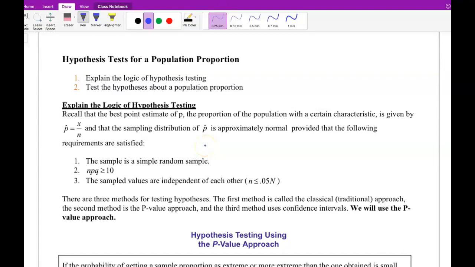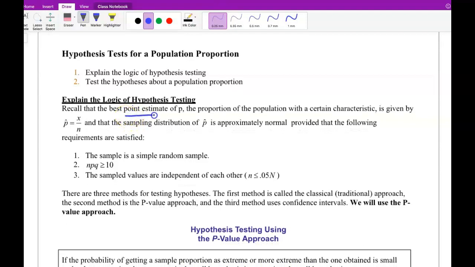Hello everyone. Here we have a hypothesis test for a population proportion. Recall that to find the point estimate of p, which is the population proportion, we need to find x divided by n.